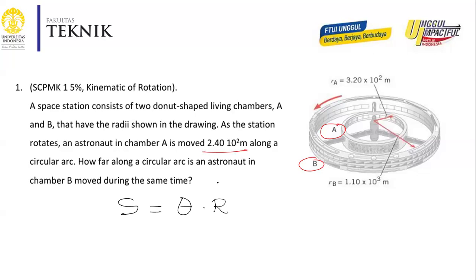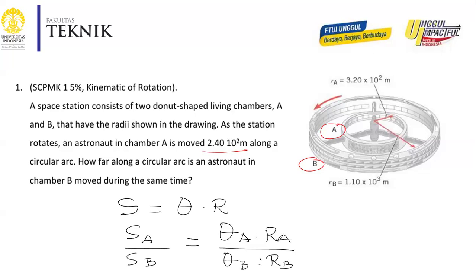If you want to compare the distance of B and A, we can say that the distance of A compared to the distance of B is equal to theta of A times R of A, and the angle of B times the radius of B.